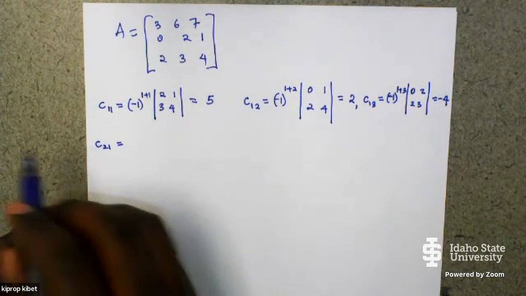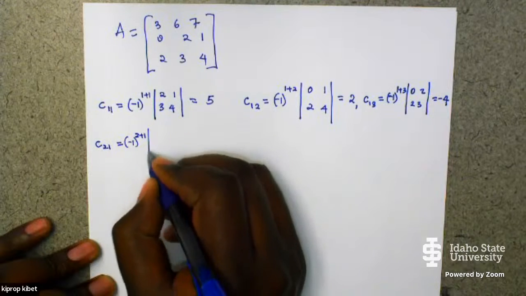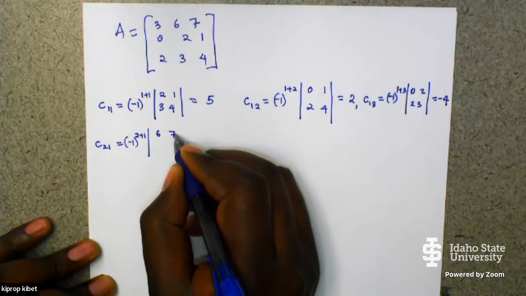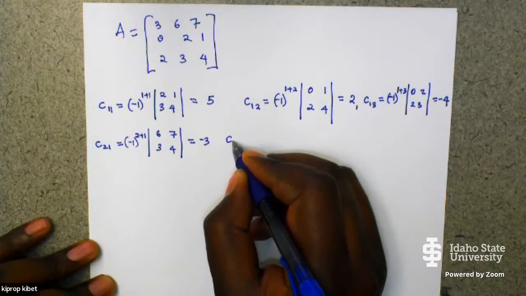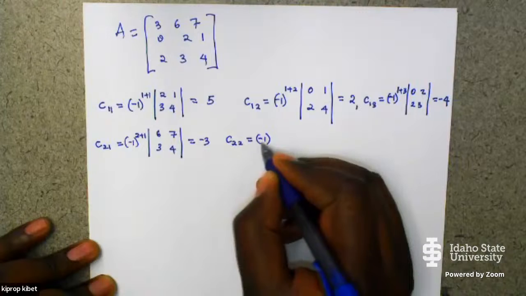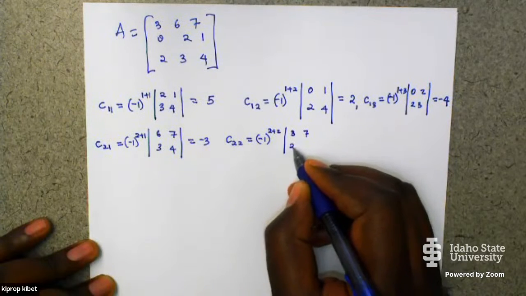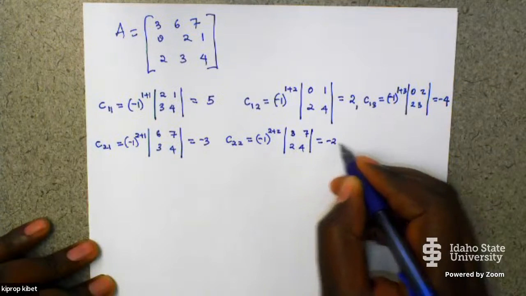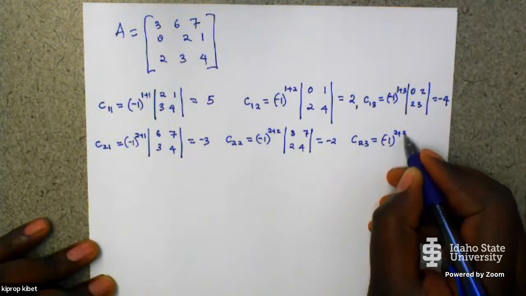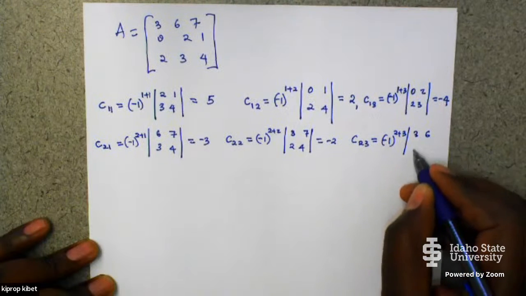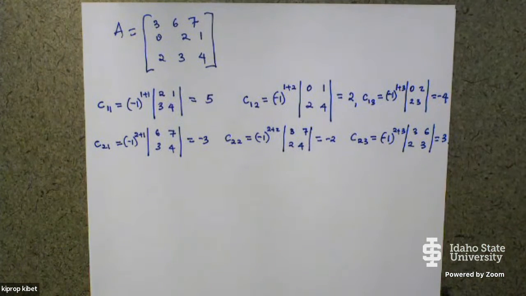C21 is the same as deleting the second row and the first column. So -1 to the power 2 plus 1, determinant of 6, 7, 3, and 4, which we get -3. C22 equals -1 to the power 2 plus 2, determinant of 3, 7, and then 2, 4, which you get -2. And then C23 equals -1 to the power 2 plus 3, determinant of 3, 6, and then 2, 3, which we get 3.